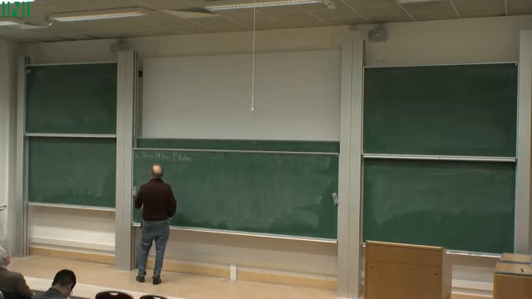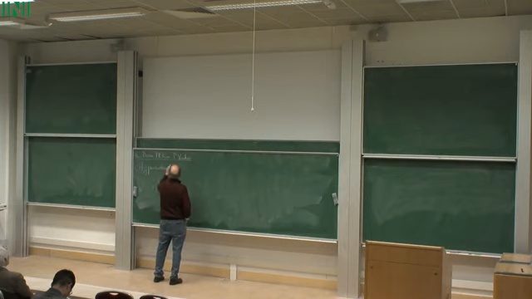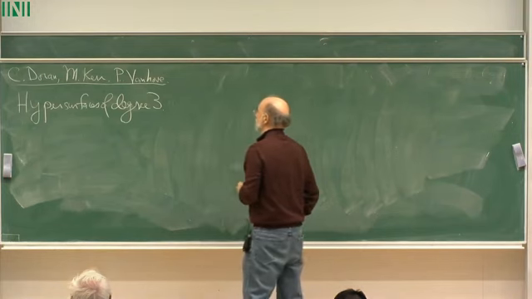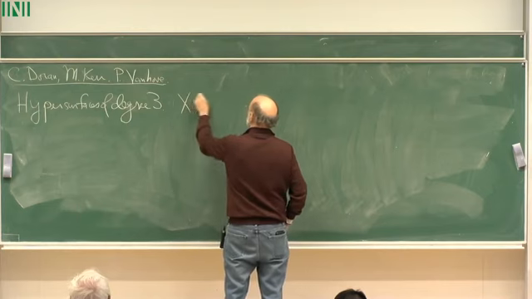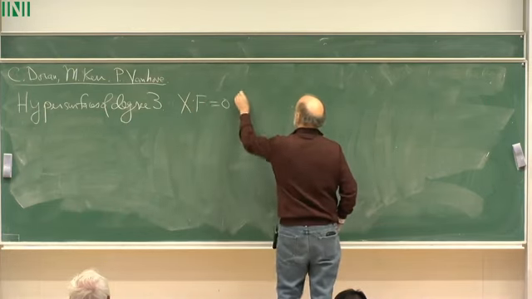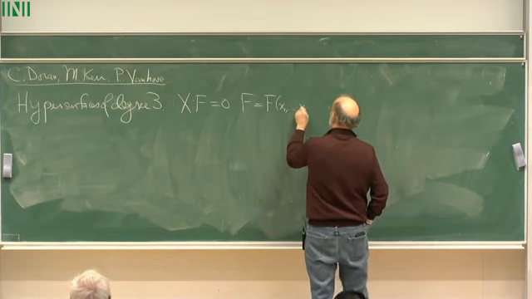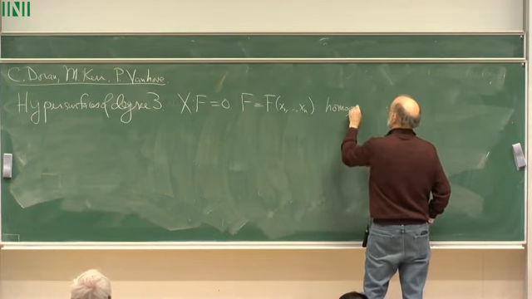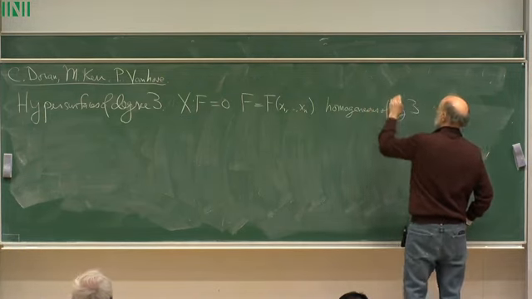So we want to study hypersurfaces, or certain hypersurfaces of degree 3. So that means, if you're not used to thinking about such things, we'll have some X defined by some f equals 0, and f will be f of some x1 up to xn, and f will be homogeneous of degree 3, right?